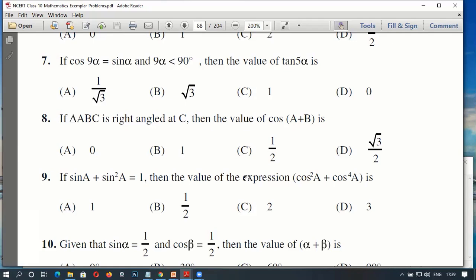If 9 alpha is less than 90, alpha will be less than 10. So 5 alpha is less than 50.